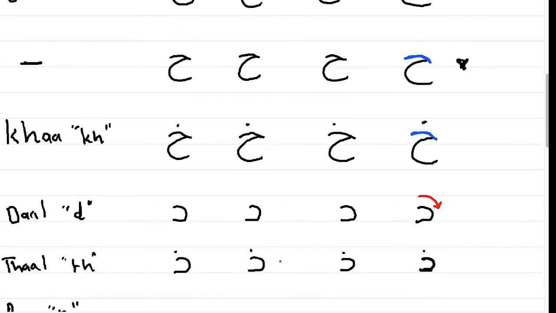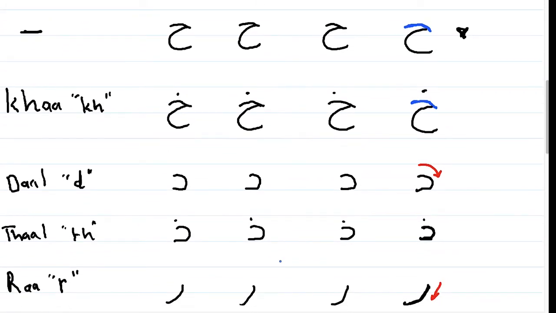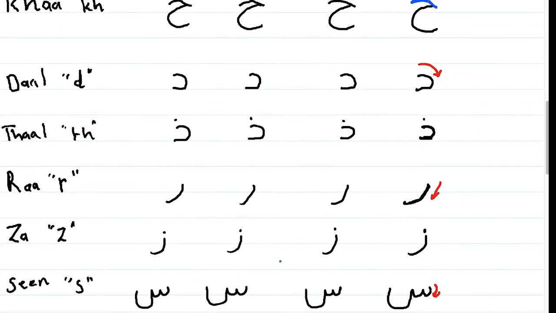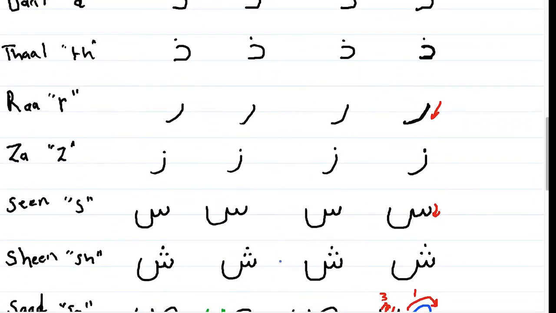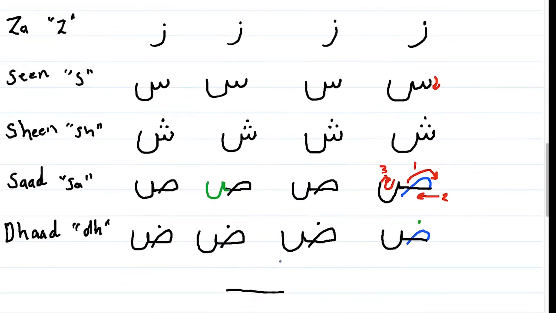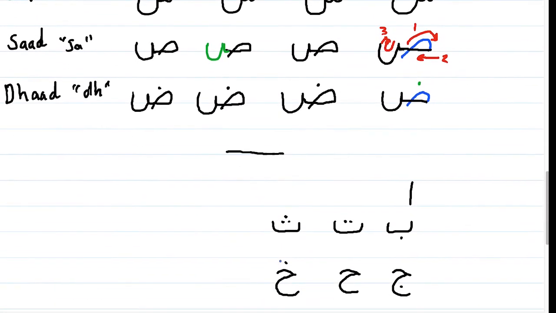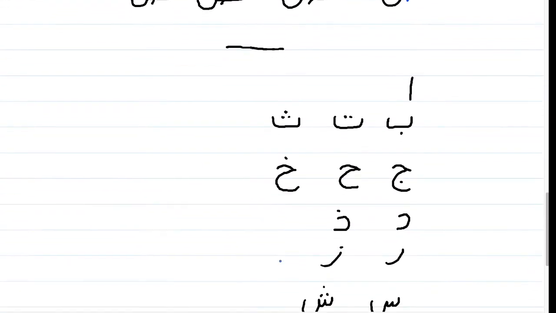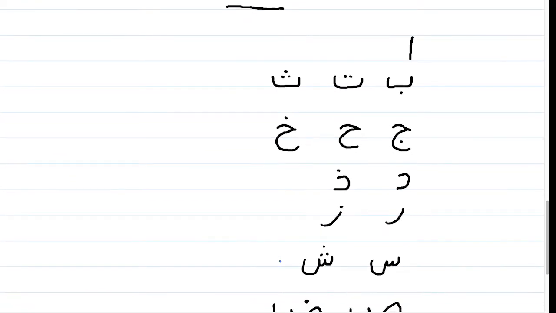If you would love to revisit this lesson, please just go to the description below and revisit it. After we finished writing them, we ended up grouping these letters by the way they look. So we said Alif here has a different shape than the rest. However, Ba, Ta and Tha, they look the same. And then Jim, Ha, Kha, they look the same.